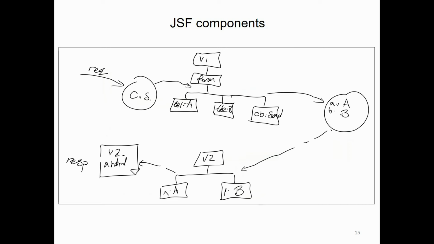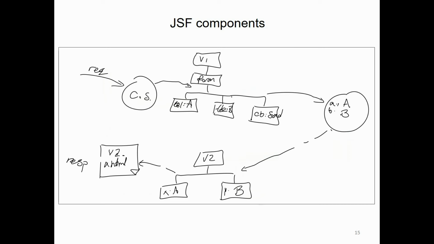Then finally the control servlet will output the view v2, which will be an XHTML file, take the values from that component tree and output the response. And that essentially is the life cycle that is imposed by the JSF control servlet.